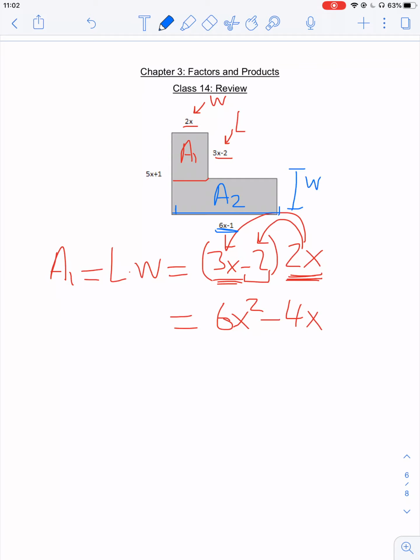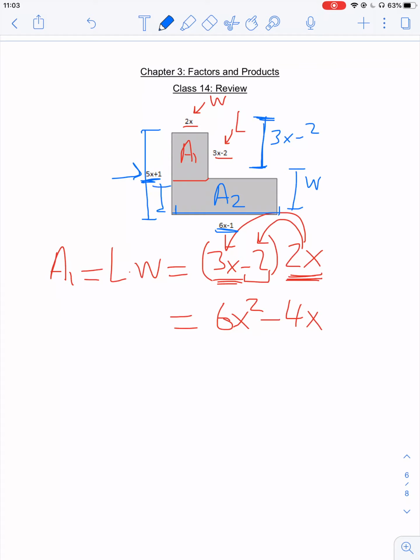But I can make use of the fact that this side, the whole thing over here, is 5x plus 1, and this much is 3x minus 2. So if I remove 3x minus 2 from here, then the leftover piece, which is this much, will correspond to my width, okay?